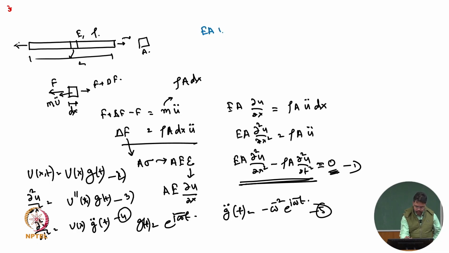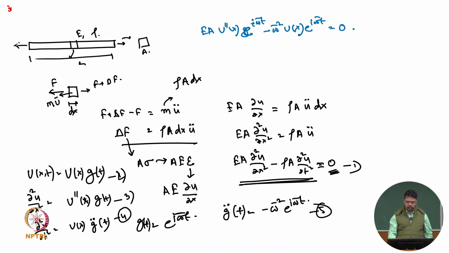EA U double dash X into e to the power of I omega bar t minus omega bar square UX e to the power of I omega bar t, that is equal to 0. Sorry, there will be rho into A. Agreed? Perfect.